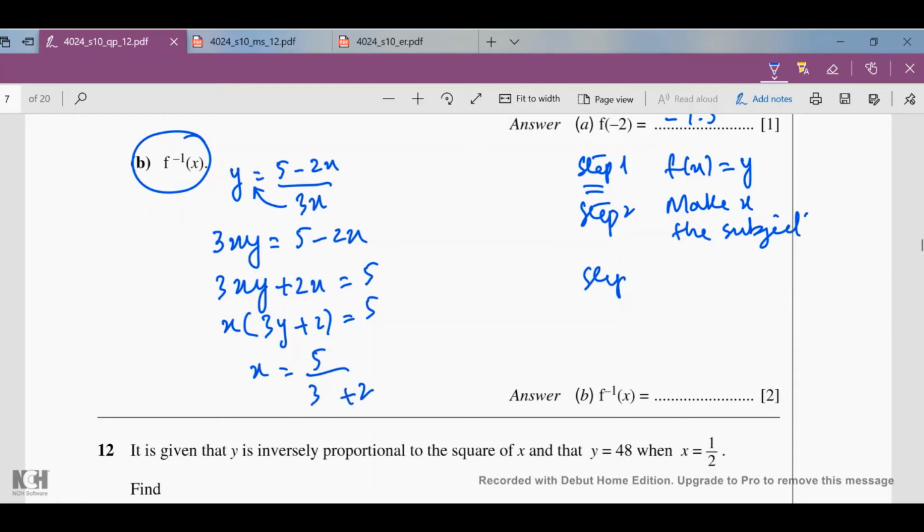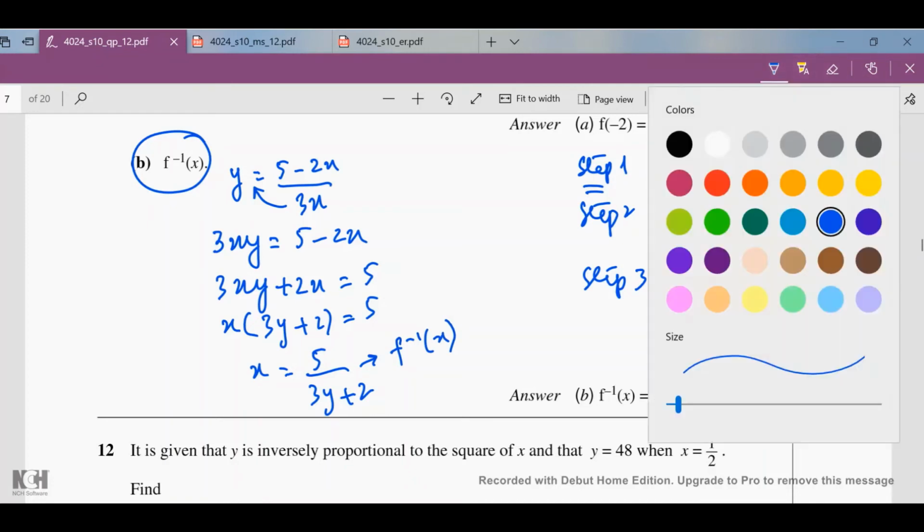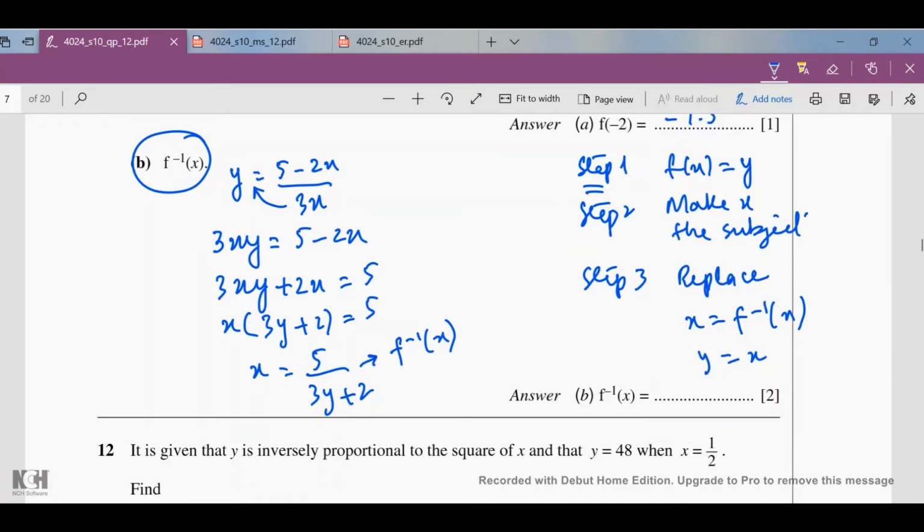Step number 3. Step number 3, you have to replace x with f inverse and y with x. So this will become f inverse, because I have to convert this with this is equals to 5 upon 3, and this y I will write here x and plus 2.